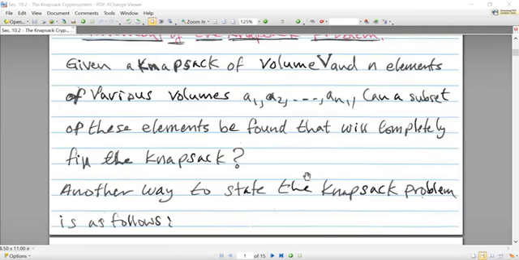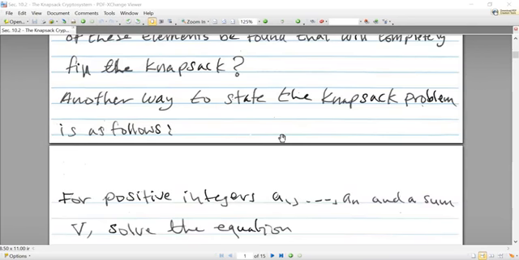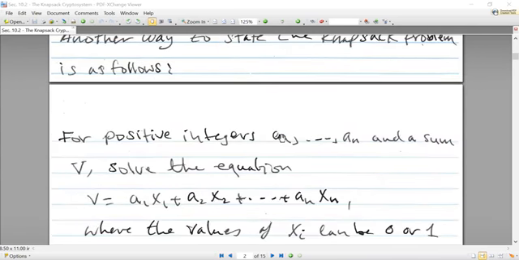We could restate this problem in a different way as a solution of a certain type of equation.